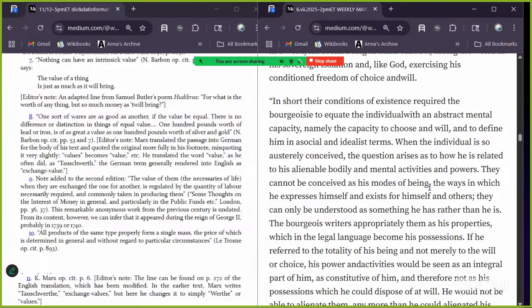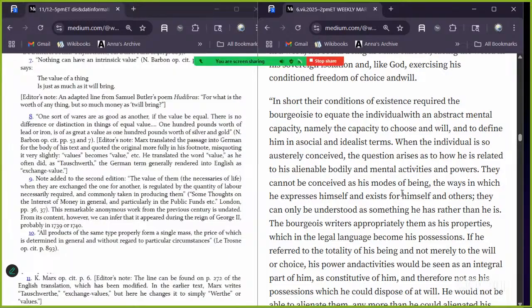They can only be understood as something they have rather than they are. The bourgeois writers appropriate them as his properties, in which the legal language becomes their possessions.